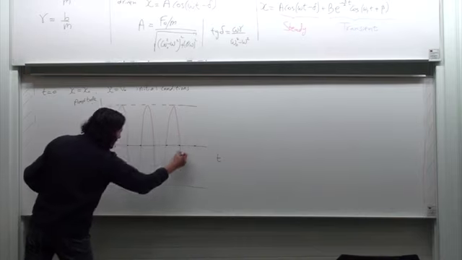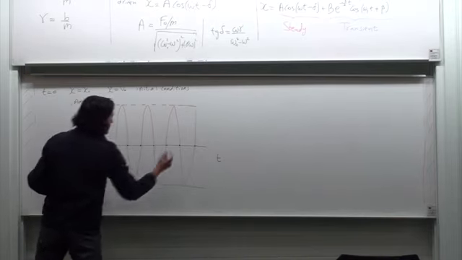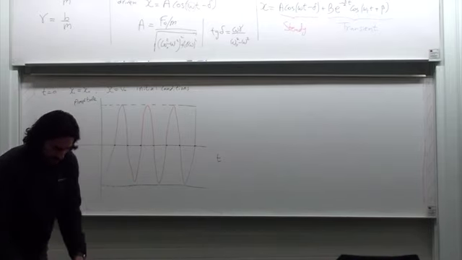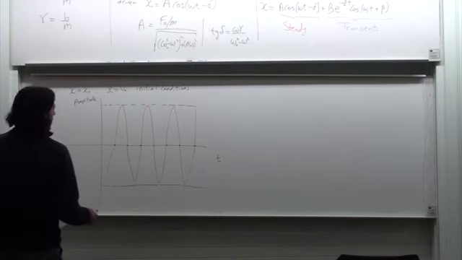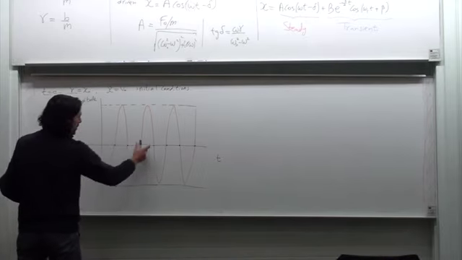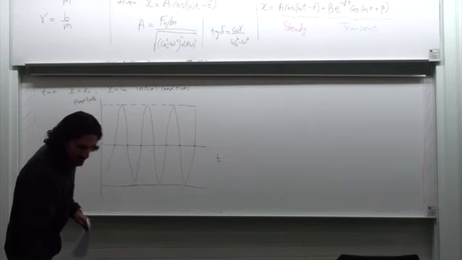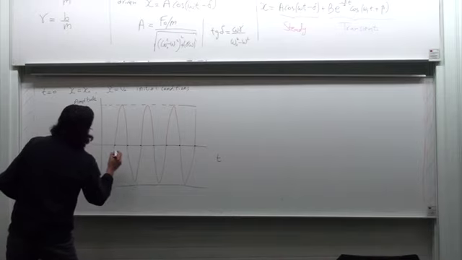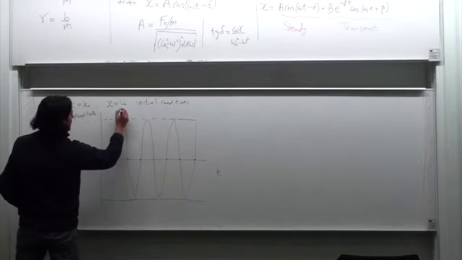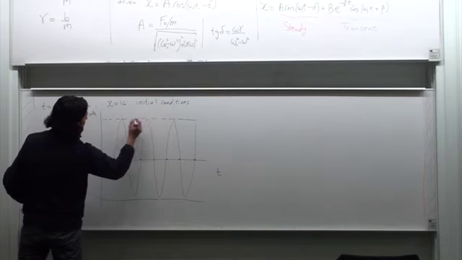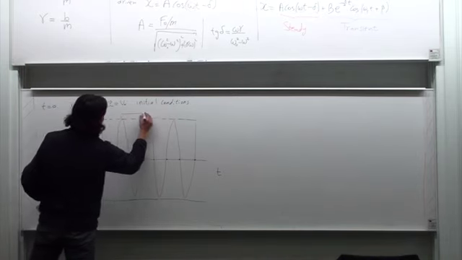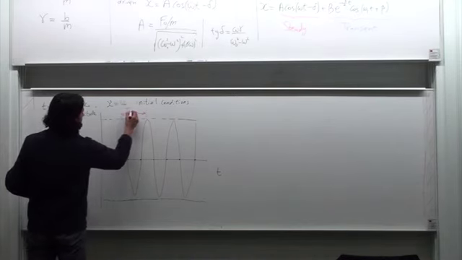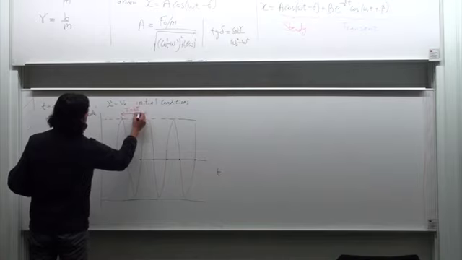This is only the steady solution. Now we have another frequency, so this would give me the period. If I'm looking at here, this is the period T, which is 2 pi over omega. It's my omega.